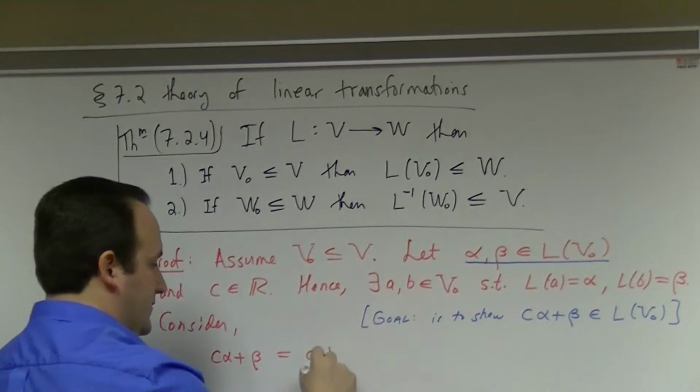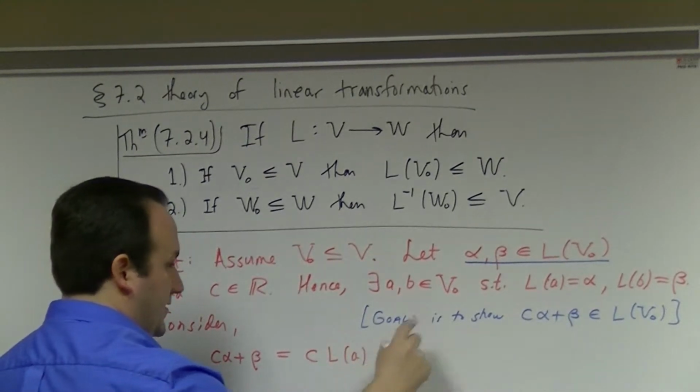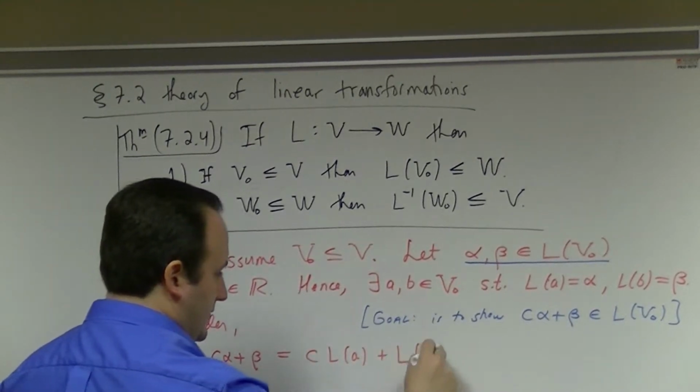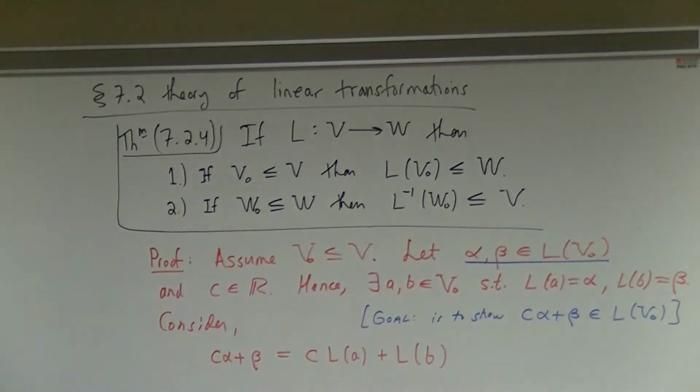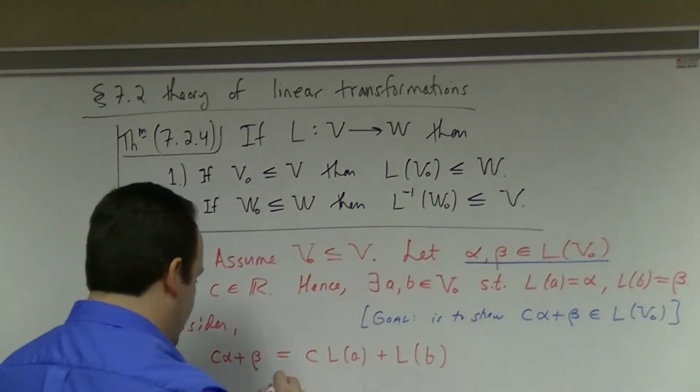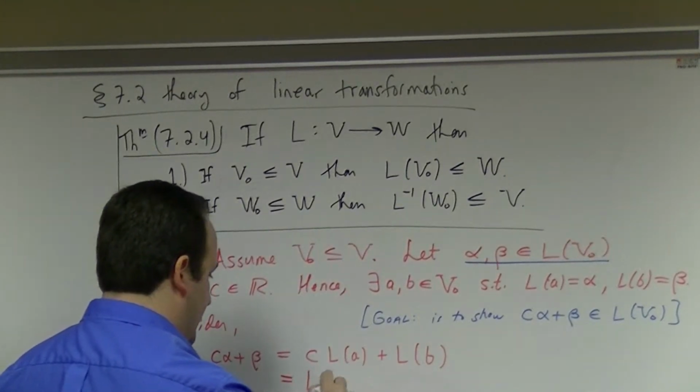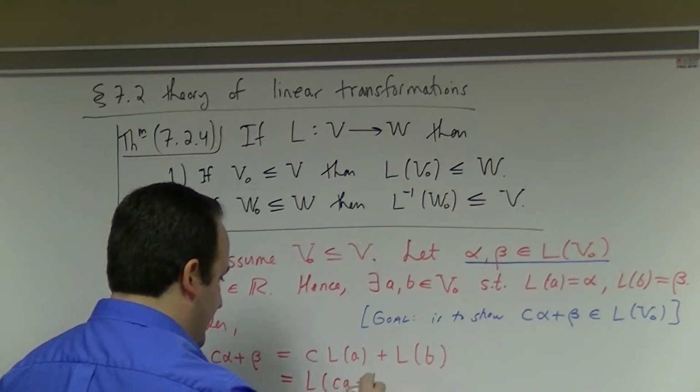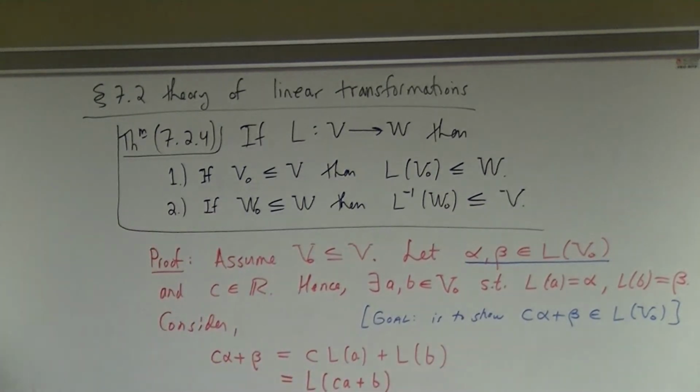What's that equal to? C times L of A plus L of B. Now what do I do? Use linearity of linear transformations. So that's L of CA plus B. Daniel's proposing we use the homogeneity and the additivity together, referred to as linearity.